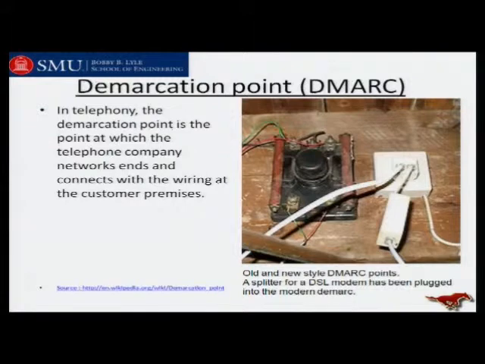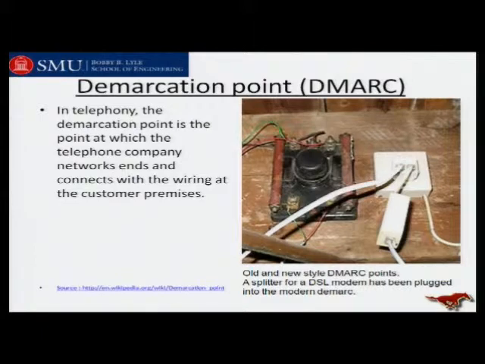Now, I would like to discuss some terminologies related to Chapter 34. The first one would be demarcation point, also called demarc. Now, what is a demarc? Let's define it. The demarcation point is the point at which a telephone company network ends and connects with the wiring at the customer premise.